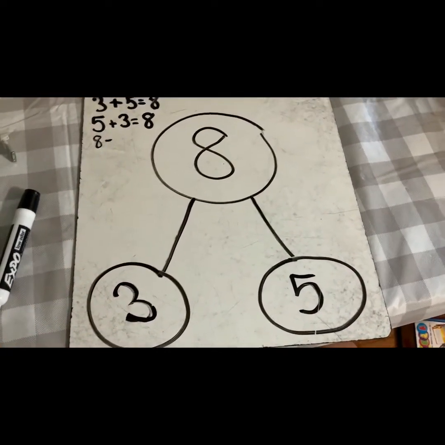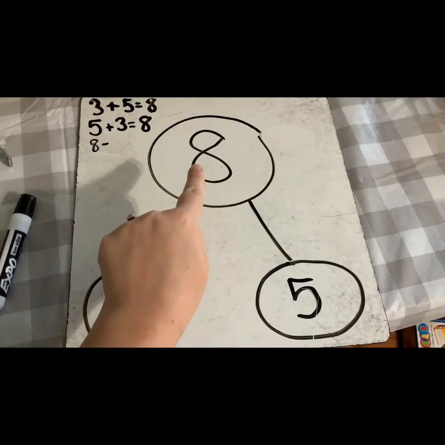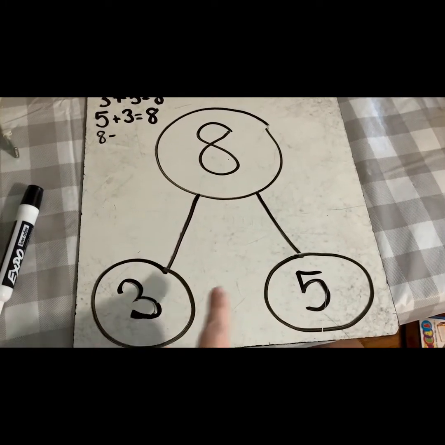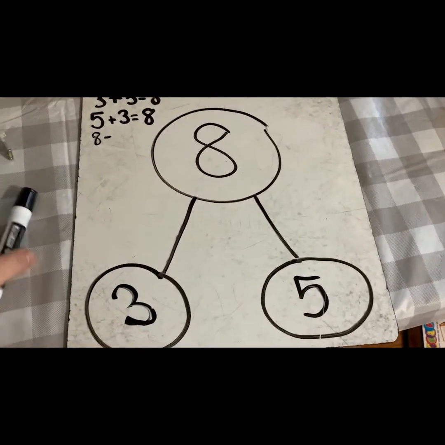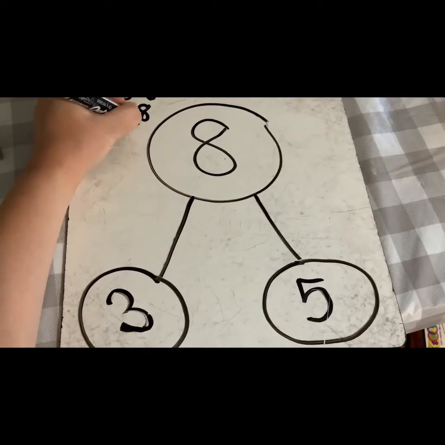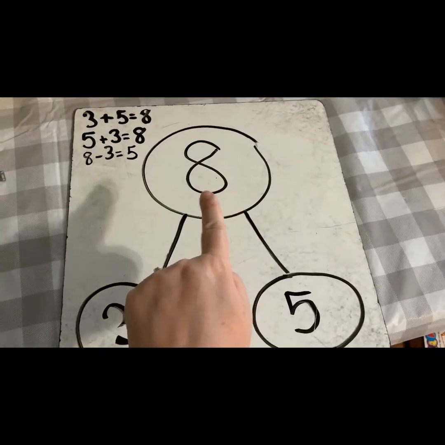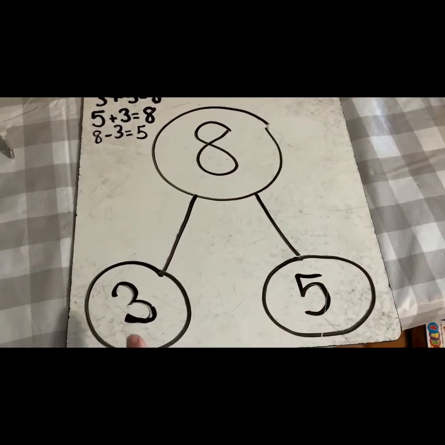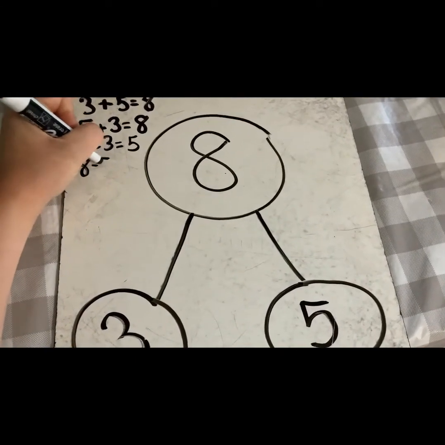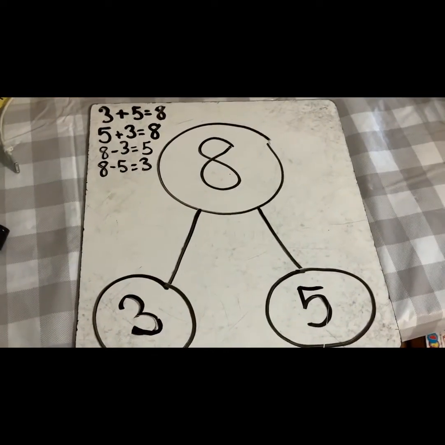Now if I take my finger and I trace my number bond, I can go this way. I can say 8 minus 3 equals 5. Or I can go the other way and say 8 minus 5 equals 3. Now, you will want to check yourself on that.